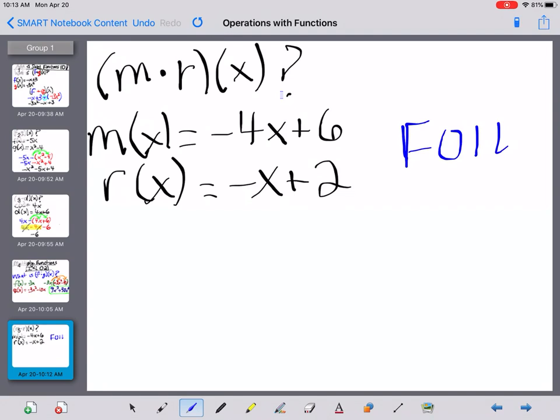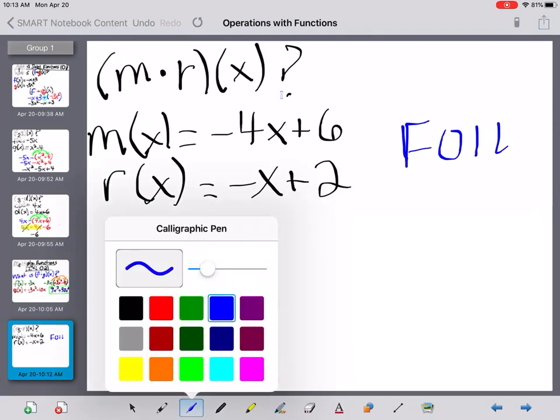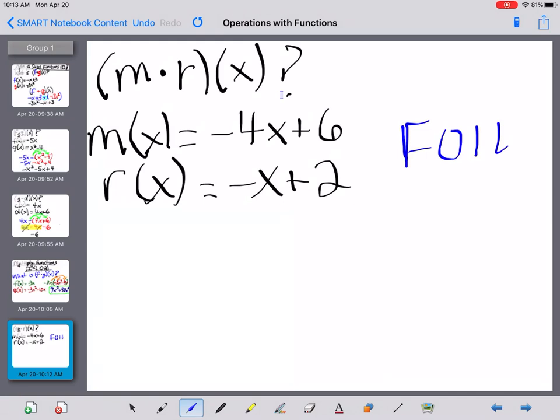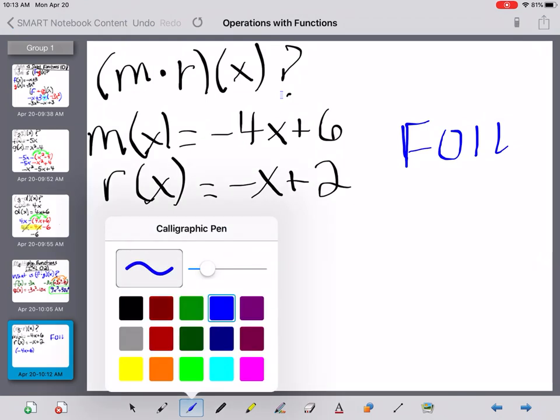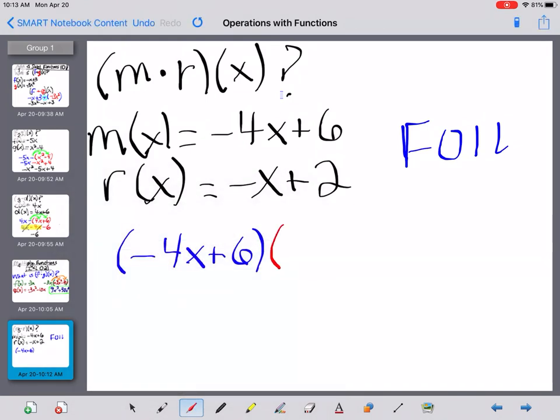Remember when we did this? This is really the same exact thing, okay? So, getting a little ahead of myself, though. So, first, m of x. Let's do it first. So we have m of x, I'm going to show it in blue. So I have negative 4x plus 6. And then r of x in red is negative x plus 2.